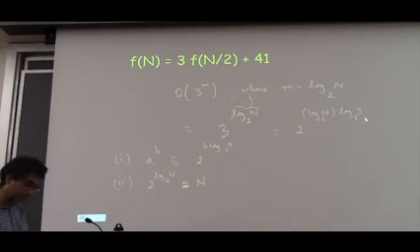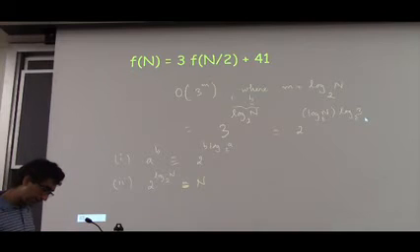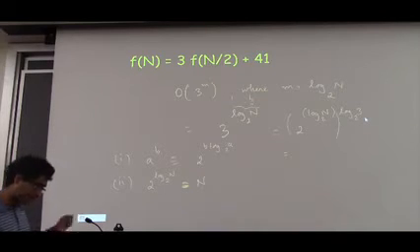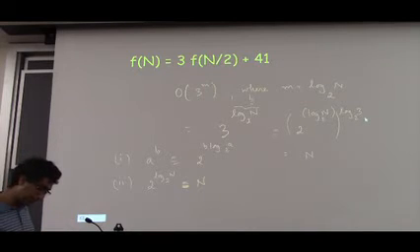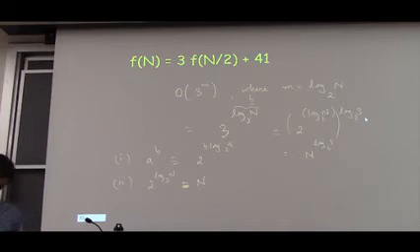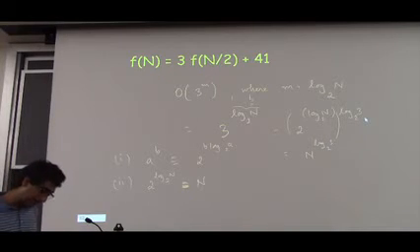Okay, so this is what I wrote here, and now I know that this thing is n. So I can write this as n to the log 3 to the base 2. And this, if you calculate, is just something like 1.58.